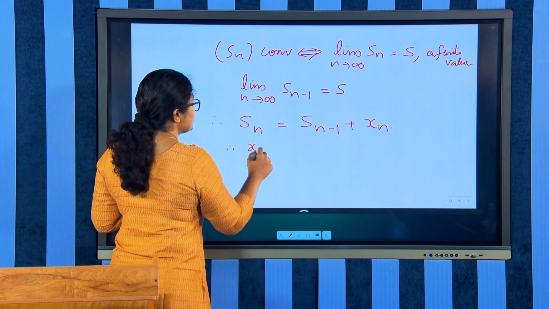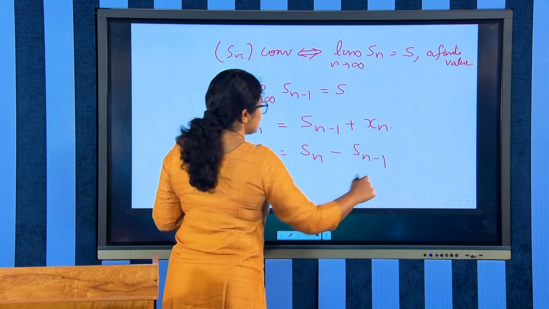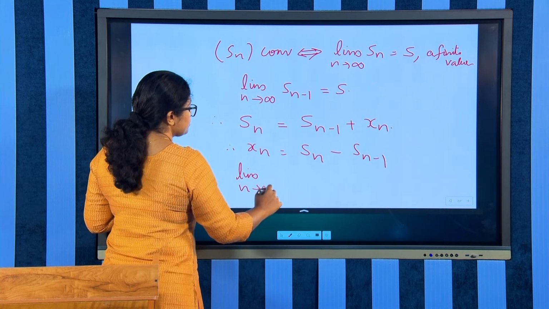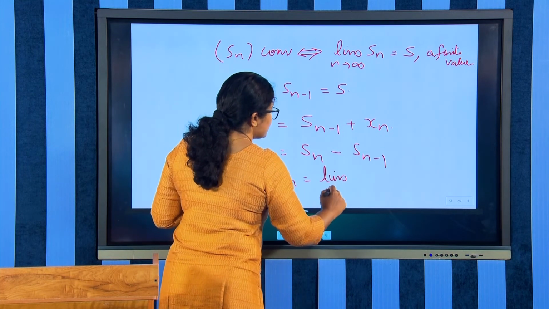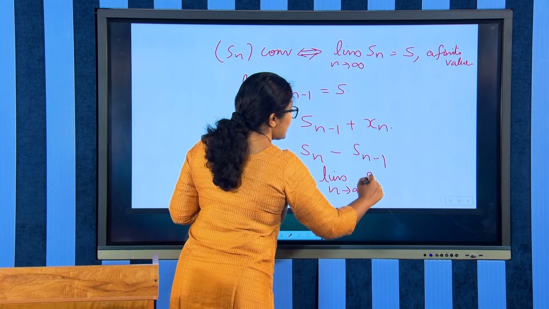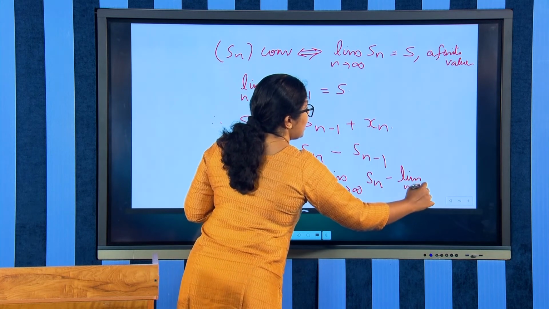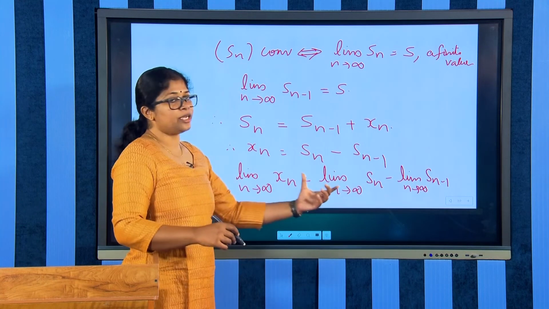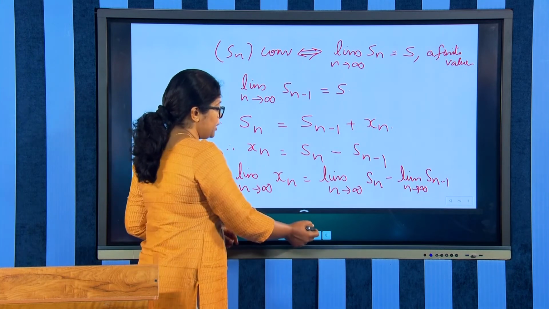Therefore, xn is equal to Sn minus Sn minus 1, and limit n tends to infinity xn will be nothing but limit n tends to infinity Sn minus limit n tends to infinity Sn minus 1, and both these being s, the difference will become 0 as is required in the theorem.